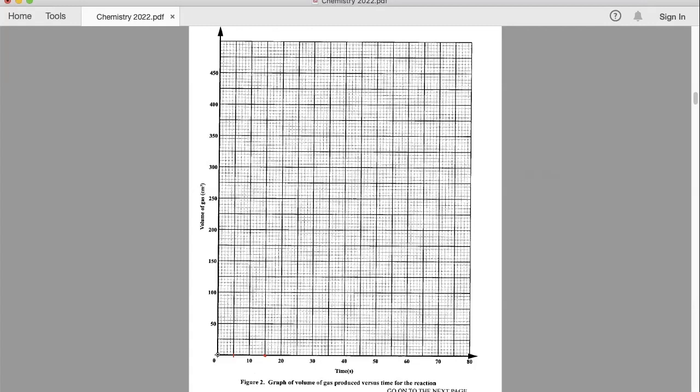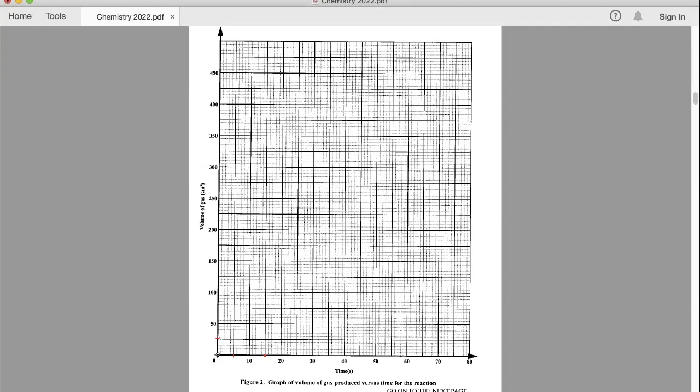Now on the y-axis, we're seeing where 1 centimeter is being used to represent 25 units. That's 25 centimeters cubed. So it means that each of those 1 millimeter squares is representing 5 centimeters cubed. So let us plot.